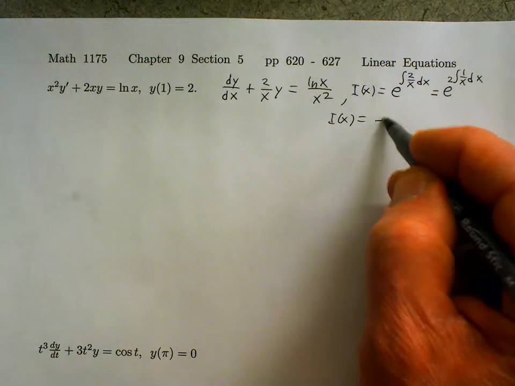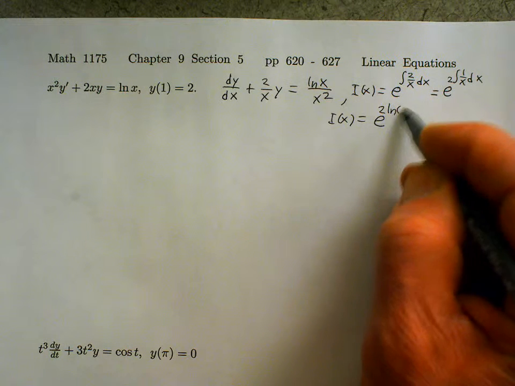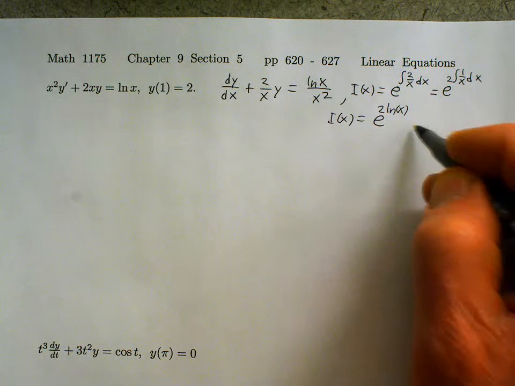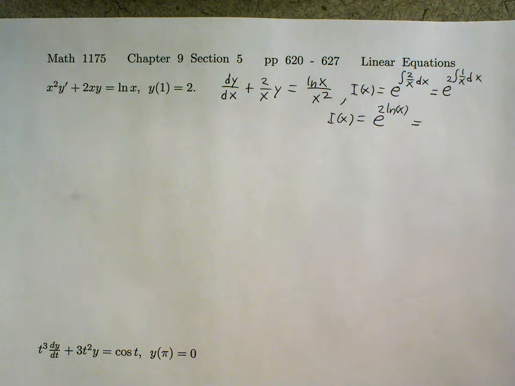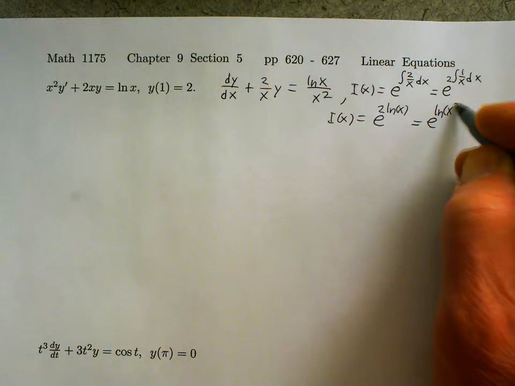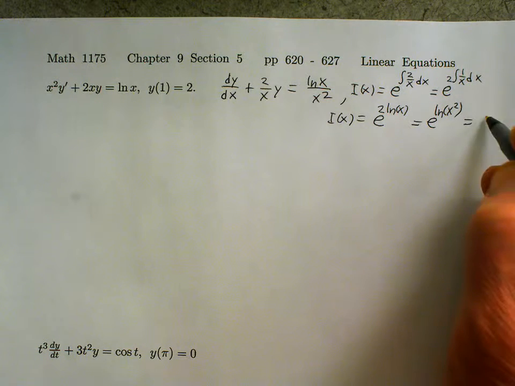And so we get e to the 2 times the natural log of x. In the exponent, 2 times the natural log of x is the natural log of x squared. And e to the natural log of x squared is just x squared.